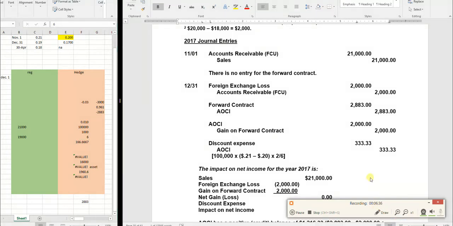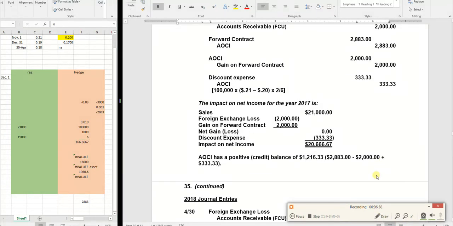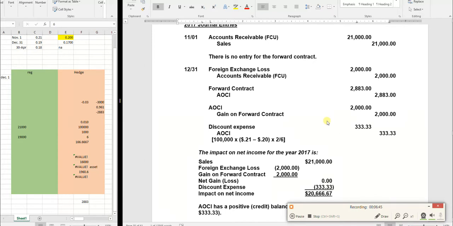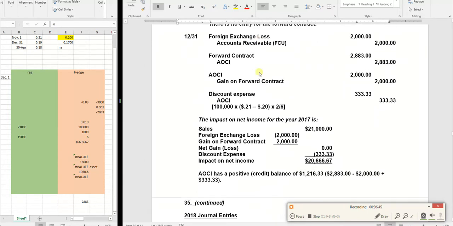I can't move my screen unless I have that off of draw. So here I have sales. Again, I don't necessarily like this because there would be accounts receivable, sales, cost of goods sold, inventory entry. So for the impact on net income, I would prefer it if they either put the cost of goods sold in here or leave this out and just say what is the impact on net income of the exchange.